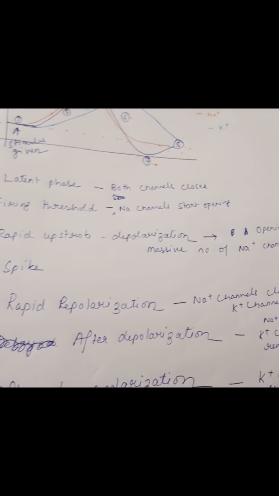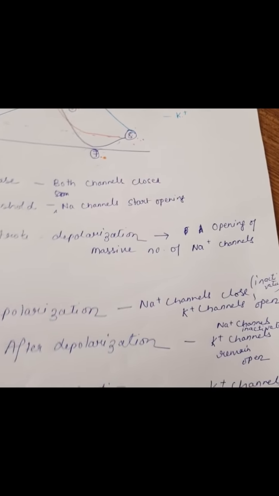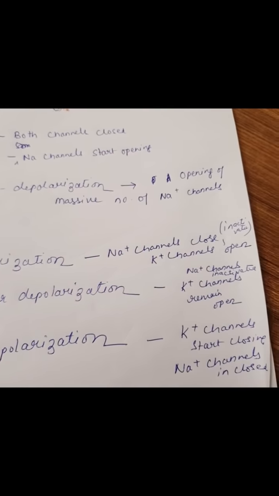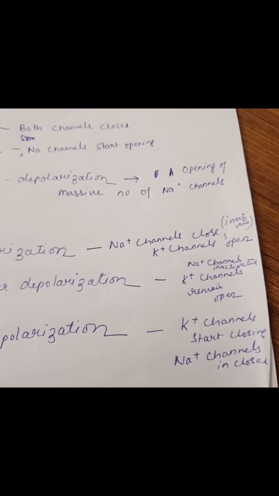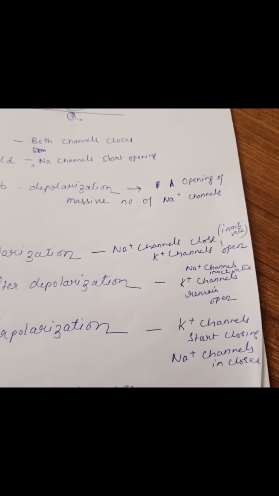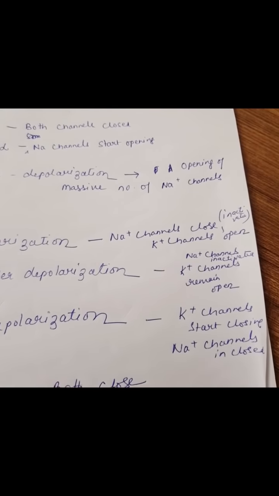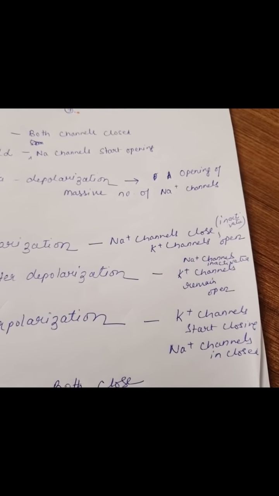And in after depolarization, the sodium channels remain inactivated. The potassium channels remain open. After hyperpolarization, the potassium channels start closing, while the sodium channels move from the inactivated state to the closed state. This resetting is triggered by conformational change due to the change in voltage.